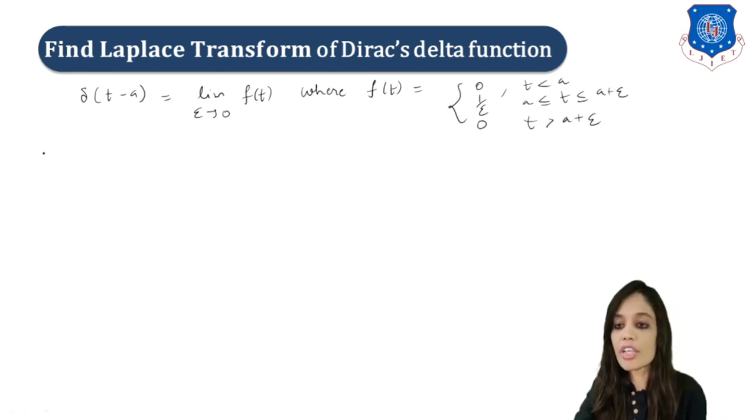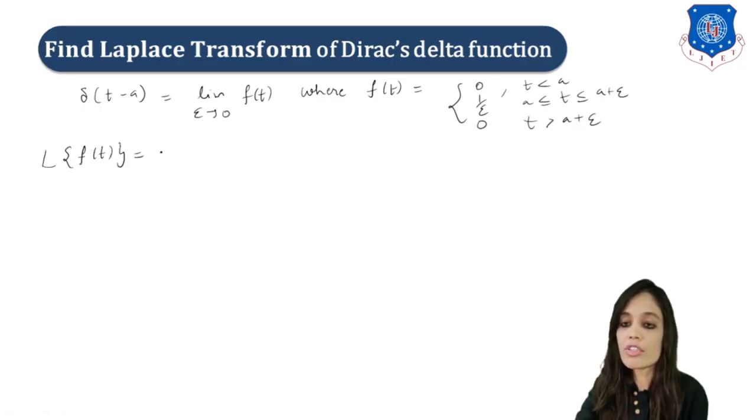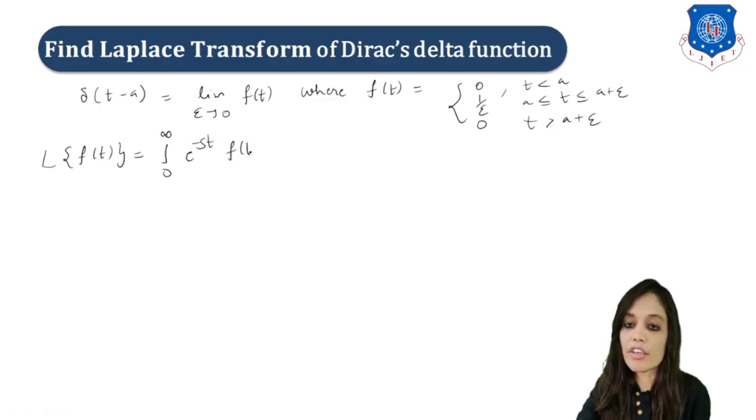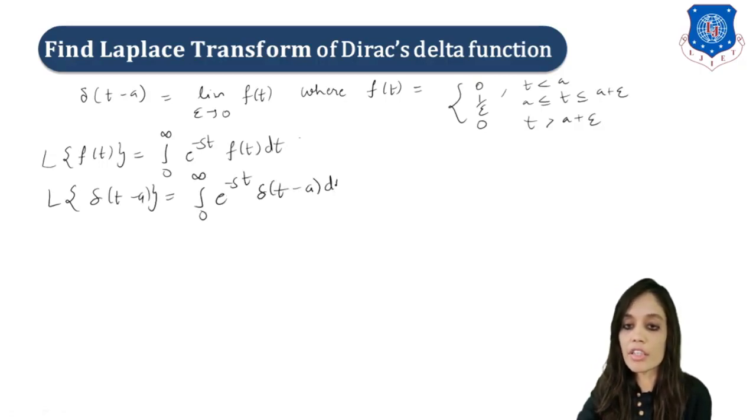Now again we will use our definition, that is Laplace of f of t, that is equals to integration 0 to infinity e raised to minus st f of t dt. But here our function is delta t minus a, right? So integration 0 to infinity e raised to minus st delta t minus a dt.